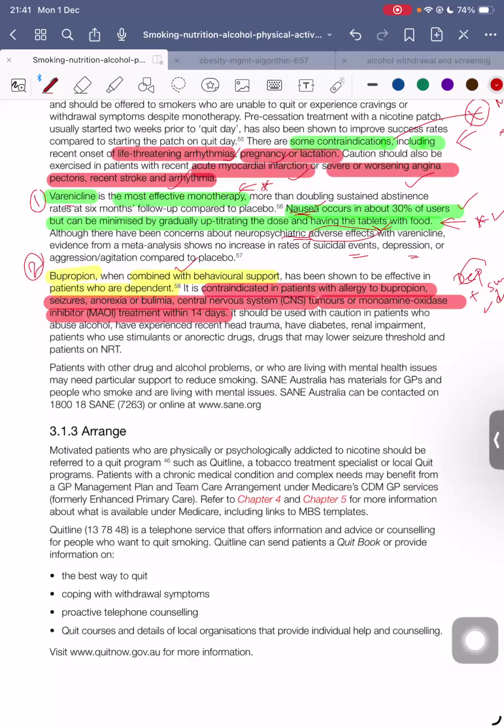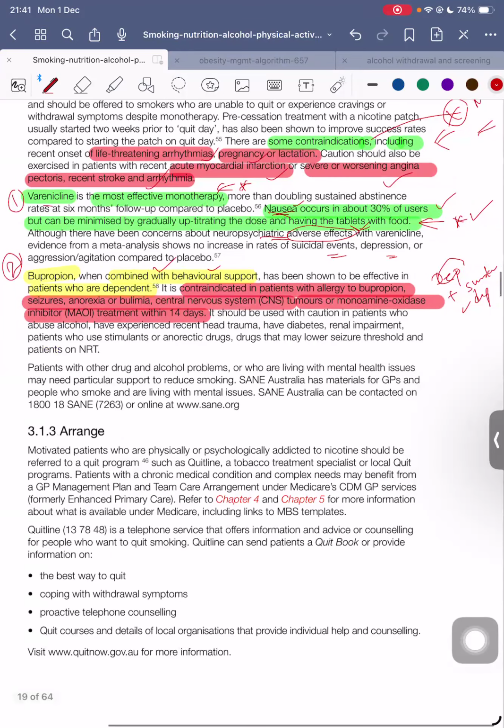Okay, bupropion when combined with behavioral therapy has been shown to be effective in patients who are dependent. And remember this depression point as well.